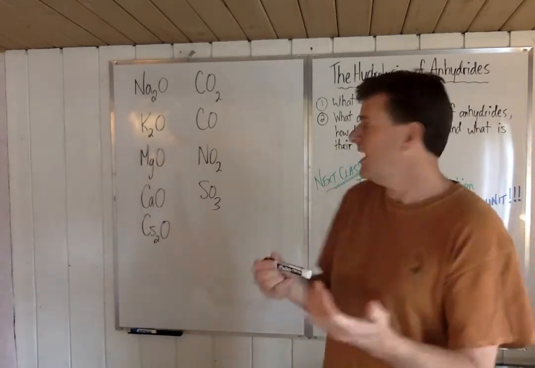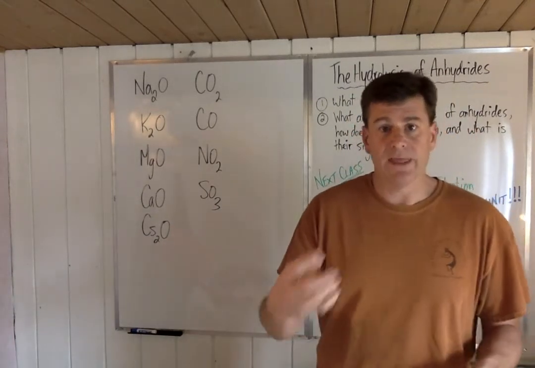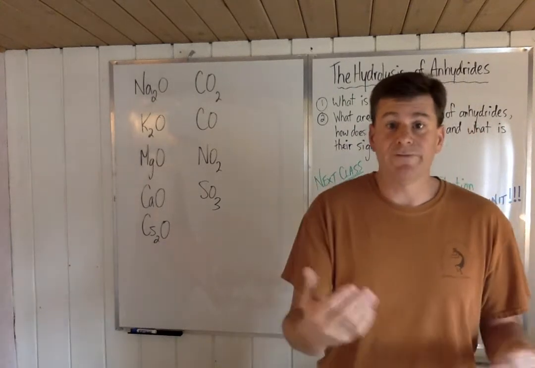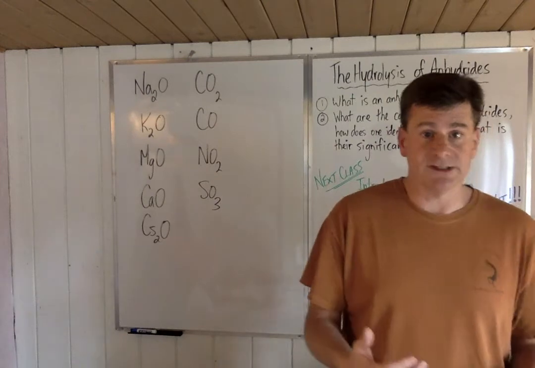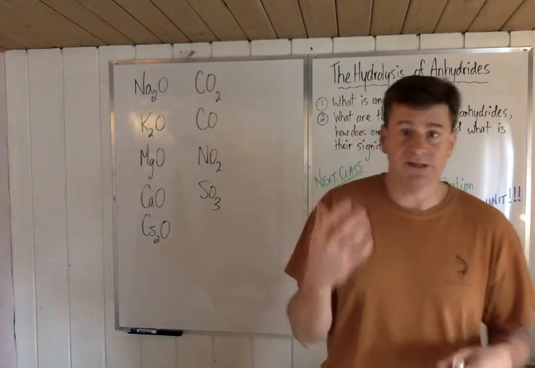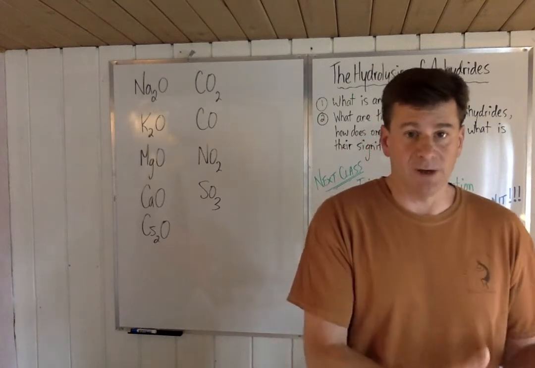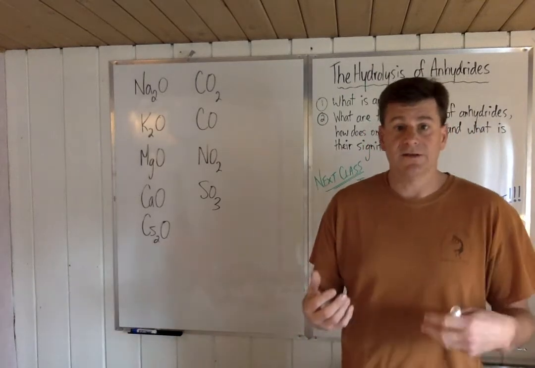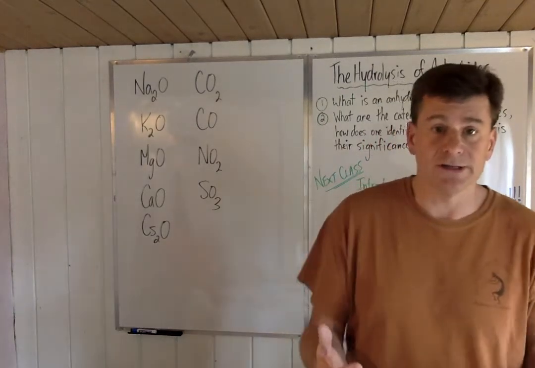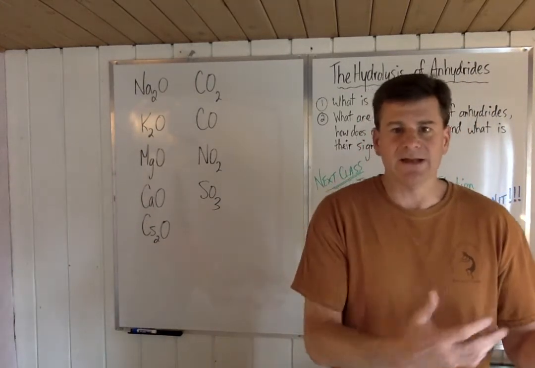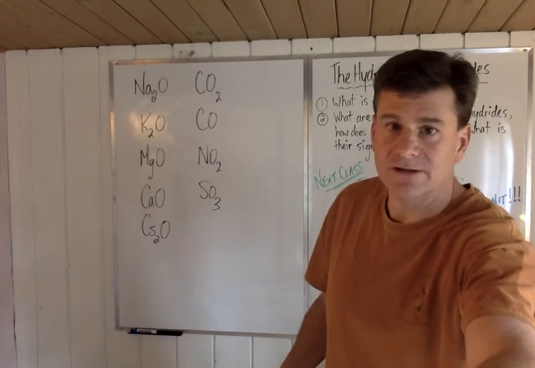So if I were to take a chunk of sodium and burn it in the presence of oxygen, you would form the ionic compound sodium oxide. If you were to take a piece of calcium, burn it in the presence of oxygen, it will form calcium oxide. If you take nitrogen gas and burn it in the presence of oxygen, you could get nitrogen dioxide.